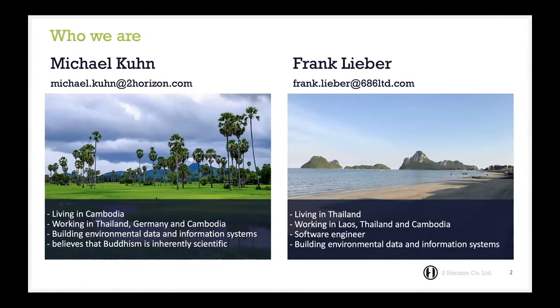We are working in Laos, in Thailand, and Cambodia. I'm currently in Thailand, and Michael is in Cambodia. You see here some pictures of basically the places where we live. And we are building environmental data and information systems also for other organizations here. So this is a little bit about us.